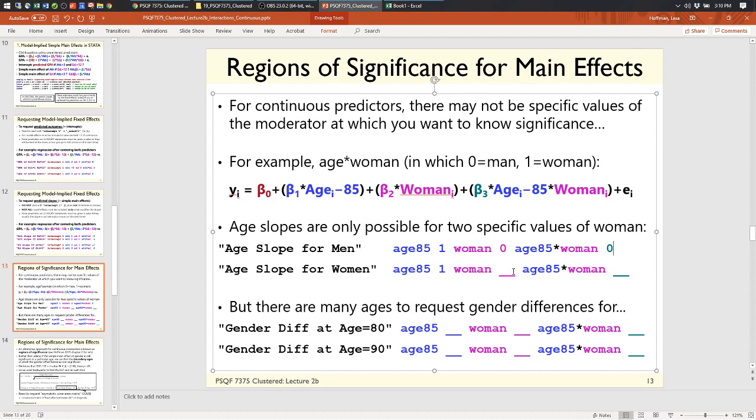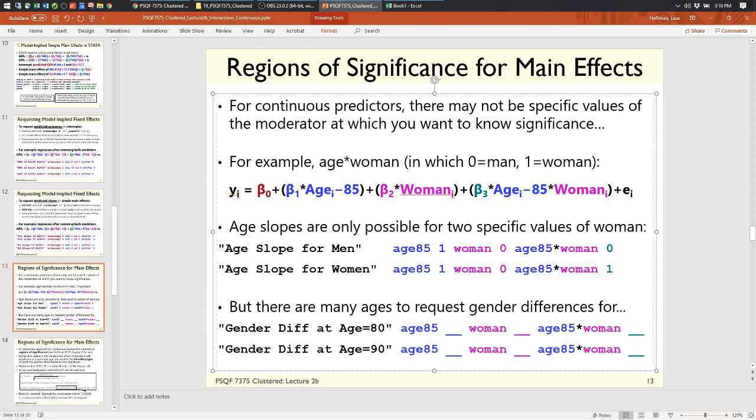What's not in the model is the other one. So what goes here if I want the age slope for women? Still 0, because I'm talking about beta 2 at this point, and that has nothing to do with age. What switches to 1 is this.